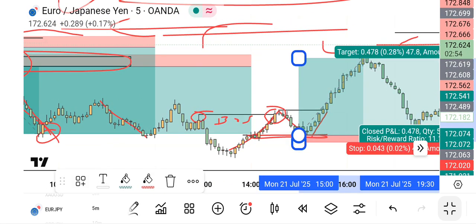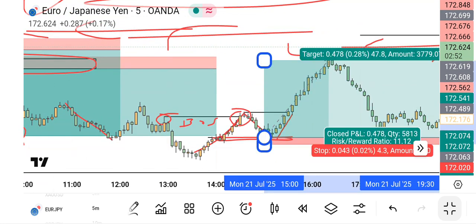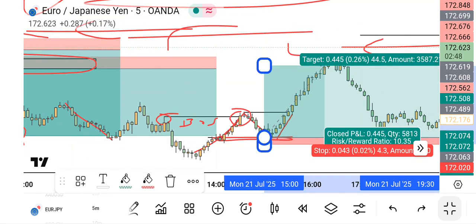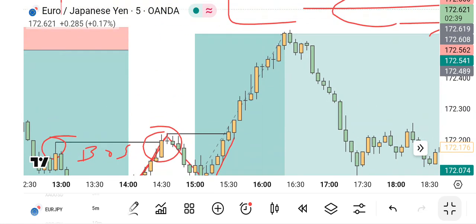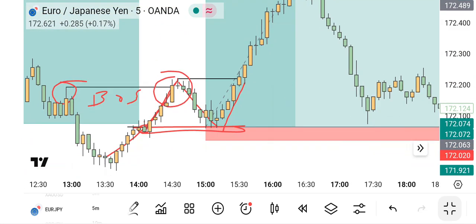But my TP here was 172 point what? I think 172.624, something like that.